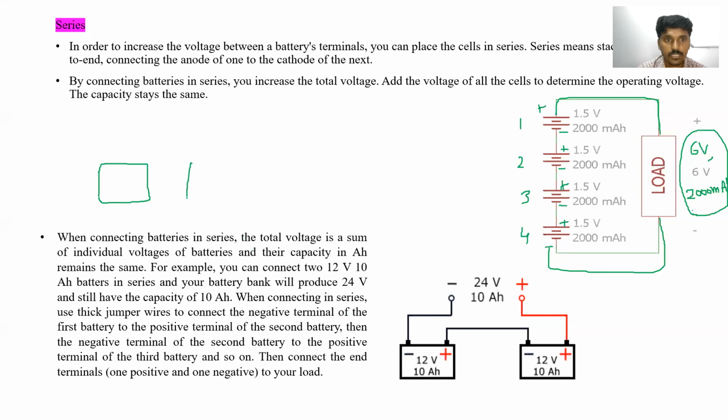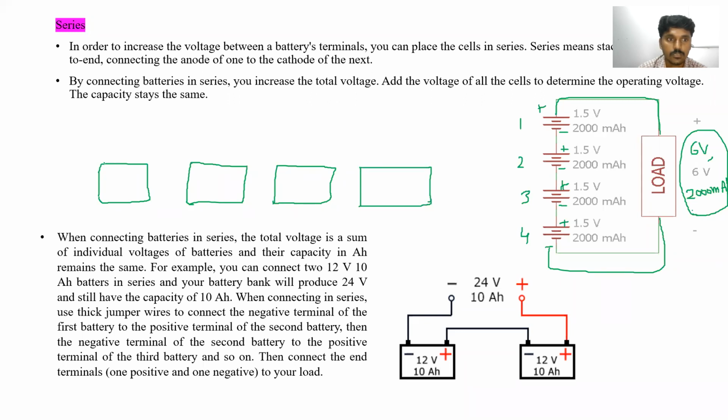and one more battery we have taken, and one more battery we have taken, and one more battery we can take, no issue. These are the 4 batteries we have taken.